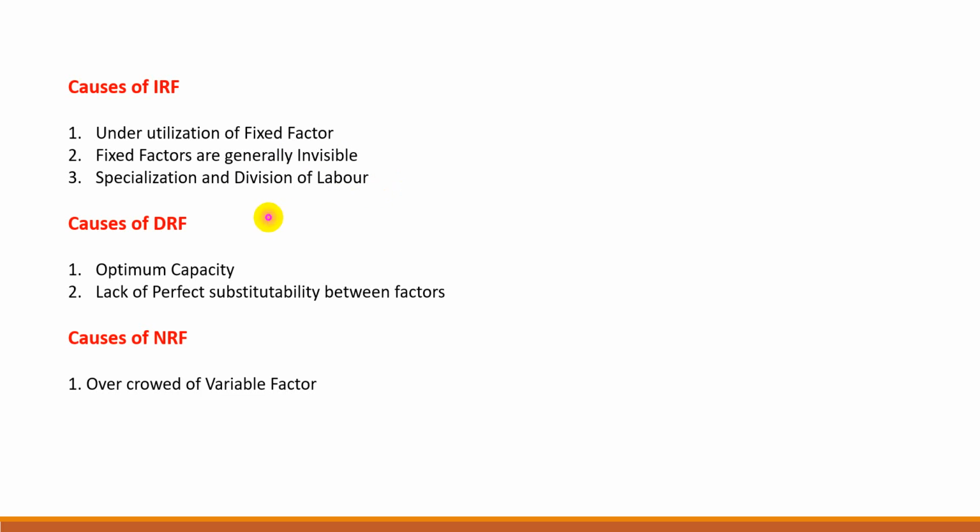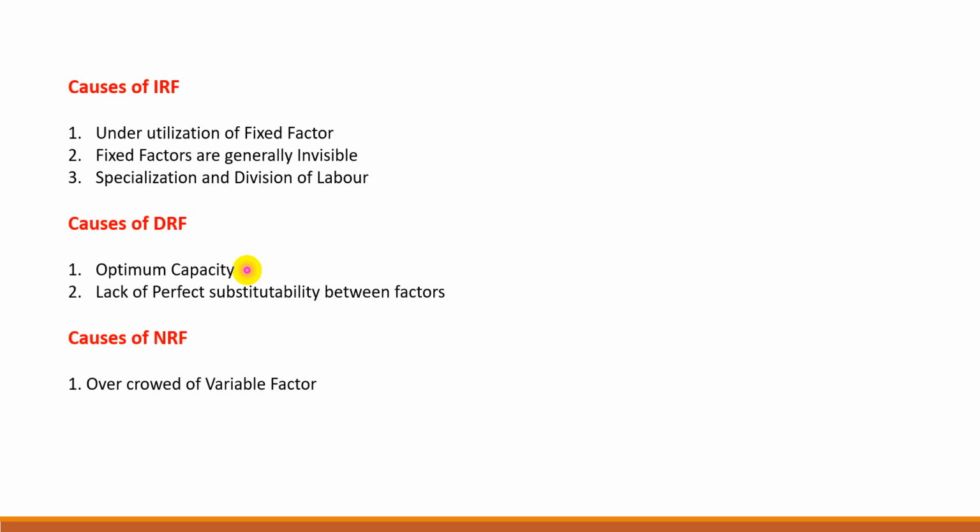Causes of DRF, diminishing returns to a factor. Here the marginal physical product starts to fall. Optimum capacity. When the optimum combination of fixed and variable factors is reached, then further increase in the variable factor will cause average and marginal products to decline.